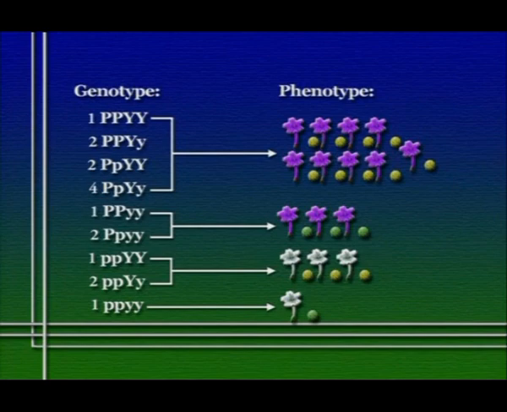Furthermore, if we worked out the details, we could predict that the phenotypes that we would see in the F2 of this dihybrid cross should occur in the ratio of 9 to 3 to 3 to 1. Now, working out the combinations and the probabilities isn't really the important point here.